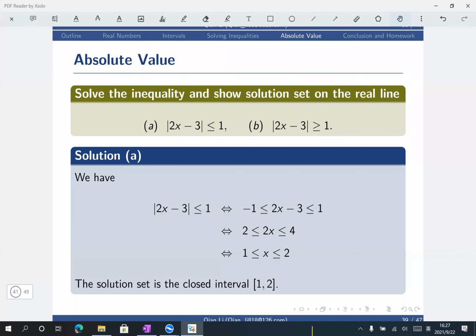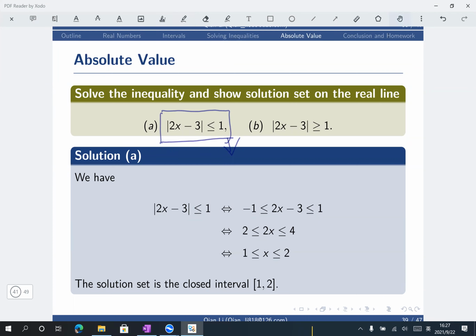Next, we see this inequality: the absolute value of 2x minus 3 is smaller than or equal to 1. To solve this inequality, which absolute value property can we use?